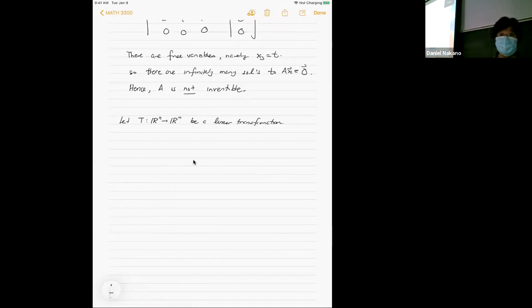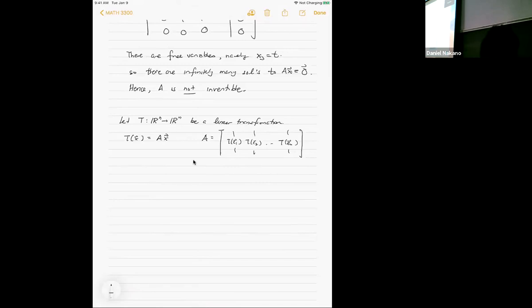So here we're going from Rn to Rn, the same vector space. Then T of x is equal to A times x, where A is T of E1 put down the column, T of E2 put down the column, up to T of En put down the column. So we've represented this using matrices.